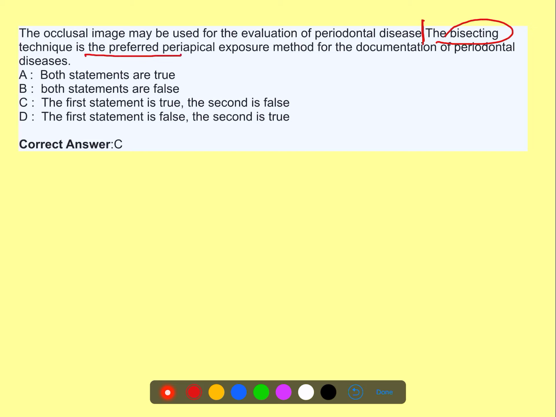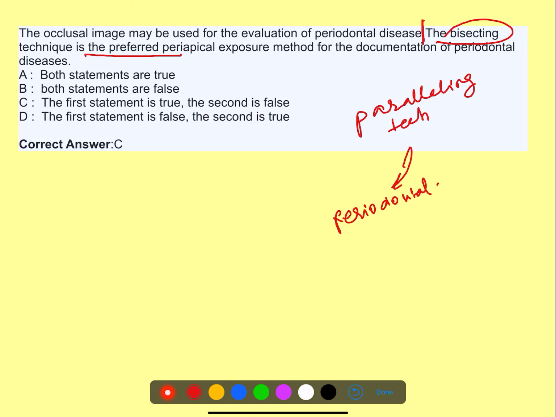No, the bisecting technique is not preferred for the documentation of periodontal diseases, because you can see image distortion in the bisecting angle technique. Hence we will use the paralleling technique when compared with the bisecting angle technique for periodontal disease evaluation. So the first statement is true, whereas the second statement is false.